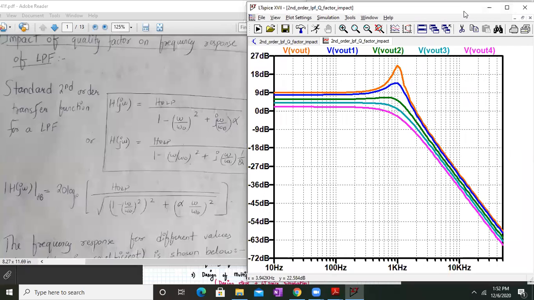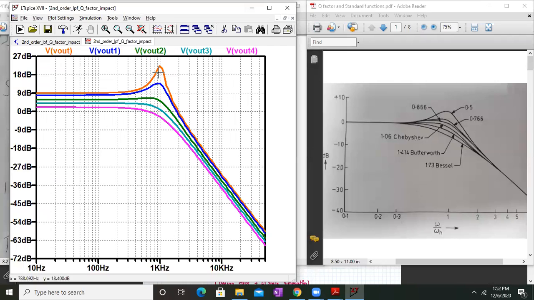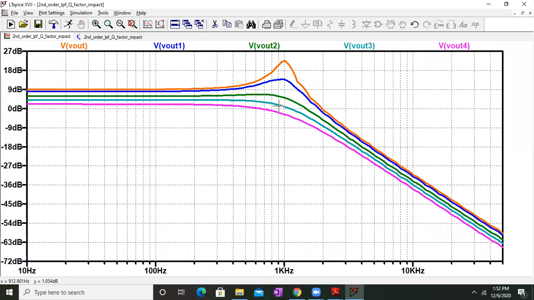As you can see over here, whatever we have discussed in the theory is similarly valid in practice also, and we have seen their responses for different values of Q. We are getting different kinds of responses at the output. This blue color is the Butterworth response.